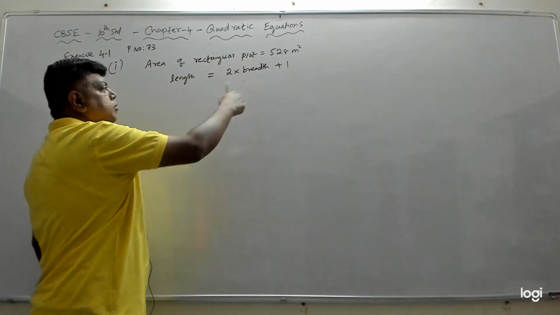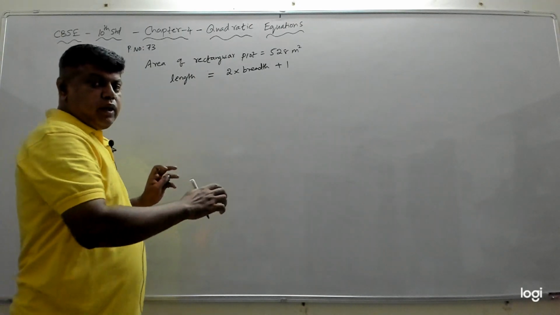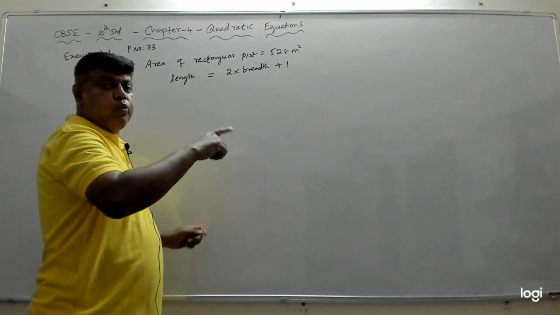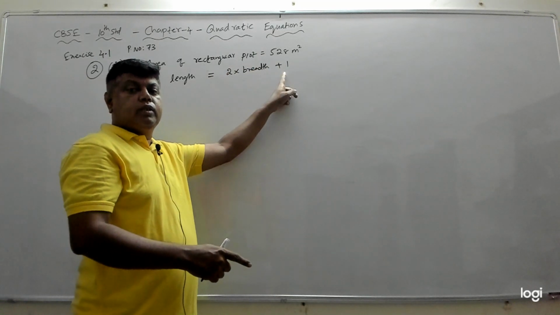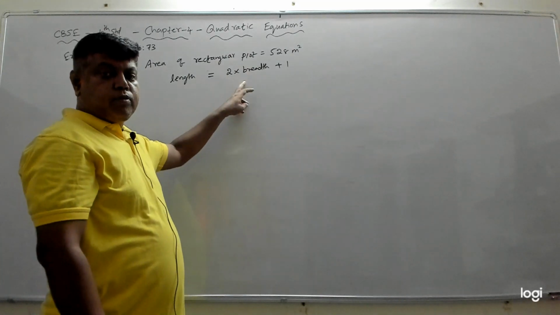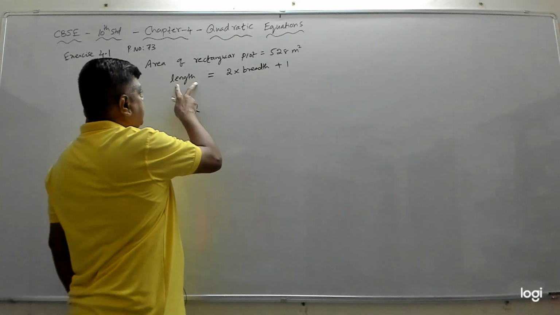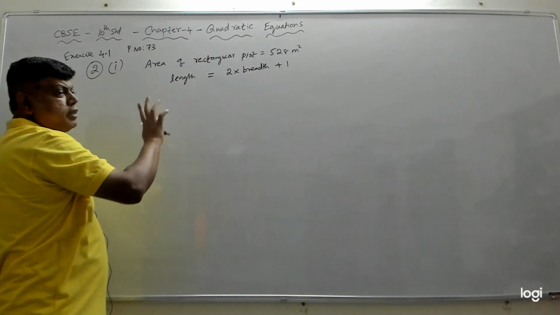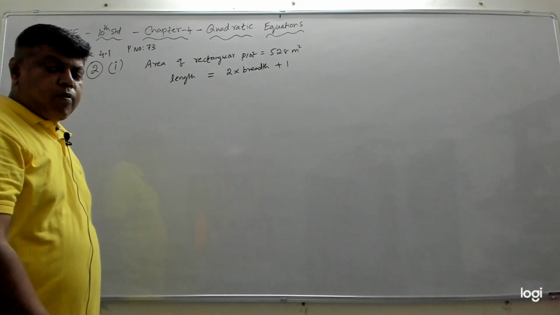You can also put 1 plus 2 into breadth, but generally you follow it like this. When they say 1 more than 2 times breadth, you first write 2 times breadth, then put plus 1. This is the meaning of 1 more. So this is another condition given. These two statements are given in the question, and using them we have to represent the situation in the form of a quadratic polynomial.